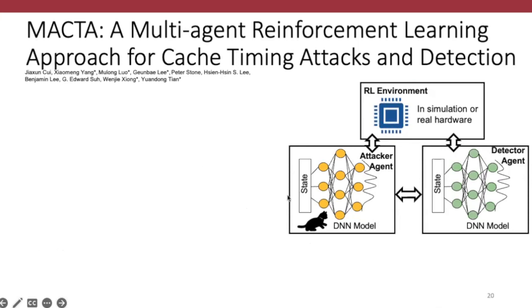So we have the attacker agent and the detector agent. The attacker agent tries to come up with novel attacks, and the detector agent tries to detect attacks. When we train them together, the attacker will try to bypass the detector, and the detector will try to cover as many attacks as possible.